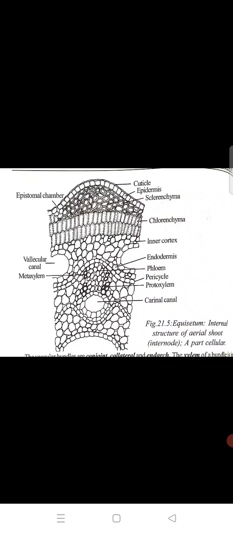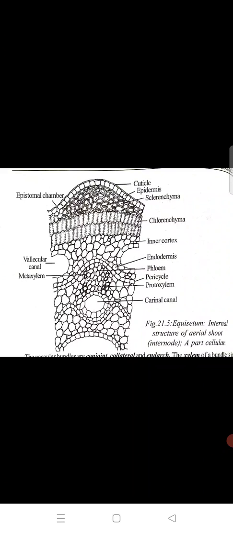Here the xylem is V-shaped. It consists of tracheids and vessels, and the phloem lies in a radial alignment with the carinal canal. It consists of phloem parenchyma and sieve tubes.